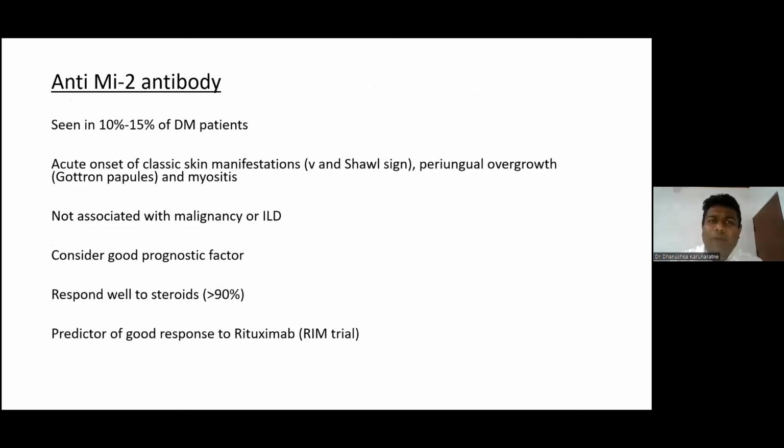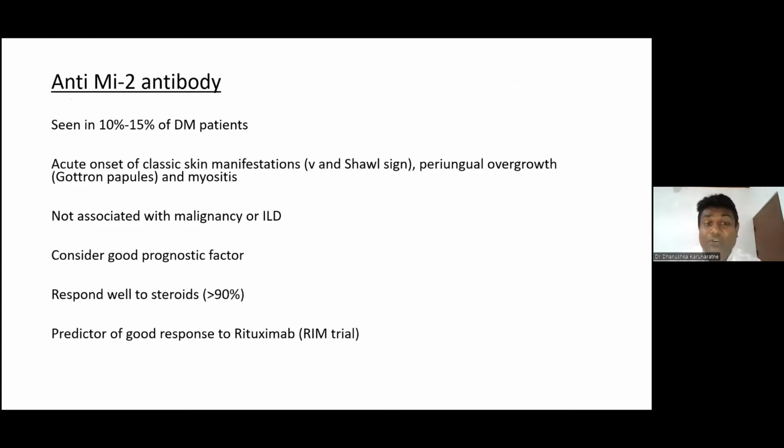The anti-Mi-2 antibody is associated with classic dermatomyositis, which is seen in 10 to 15% of the patients with dermatomyositis. And the skin manifestations are classic with shawl sign and Gottron papules. And it's not associated with malignancy or interstitial lung disease.